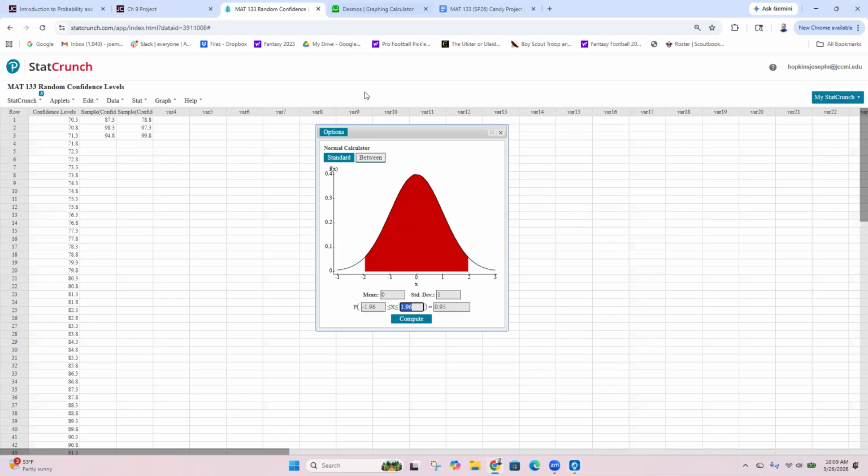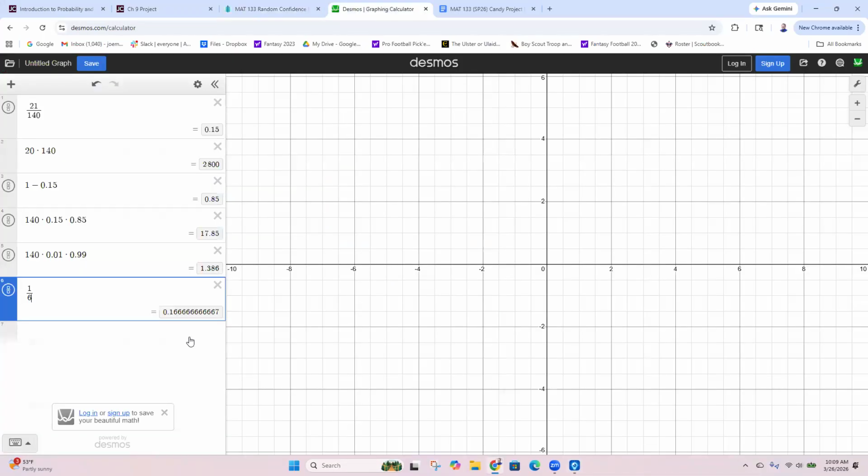I'll show you how to do it in the calculator first. I'm doing my p-hat minus first: 1.526 times the square root of 0.150 times 0.850 divided by 140.